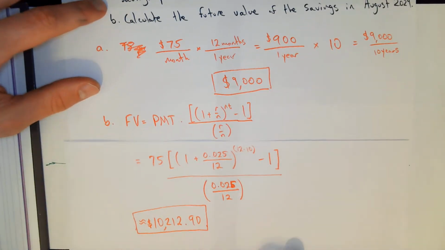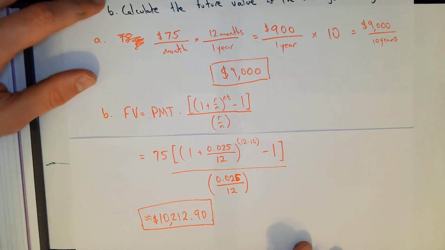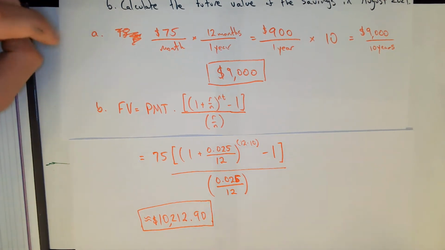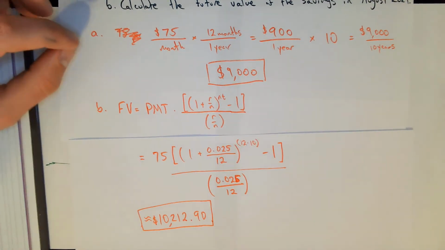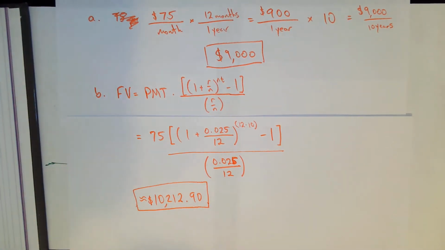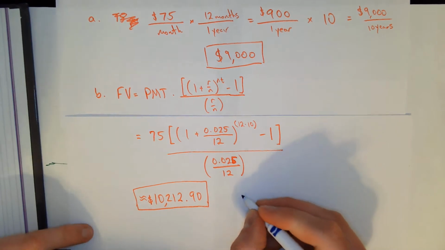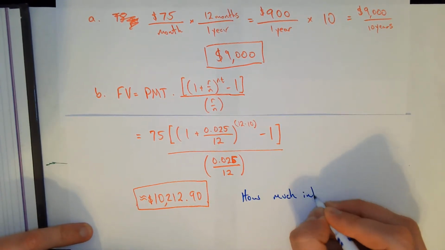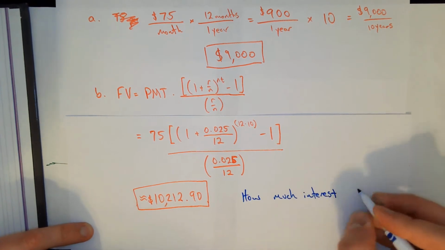So how much did you put into the account? Your own money from your check every month. $75 every month for 10 years. That's $9,000. So how much interest did you actually earn? In other words, how much did the bank give you just for having your money in there?